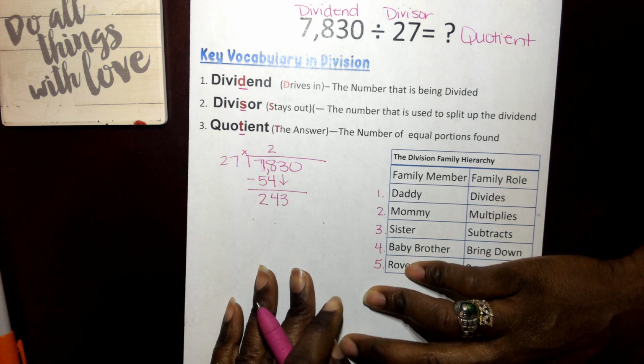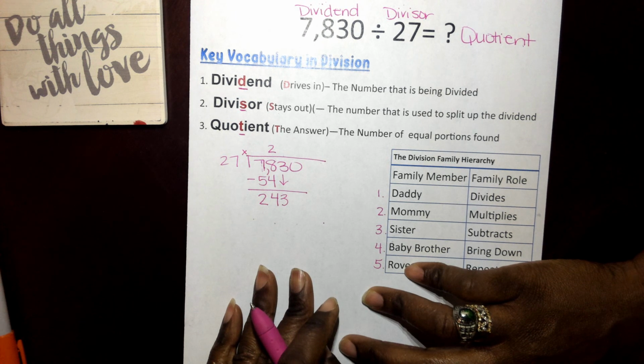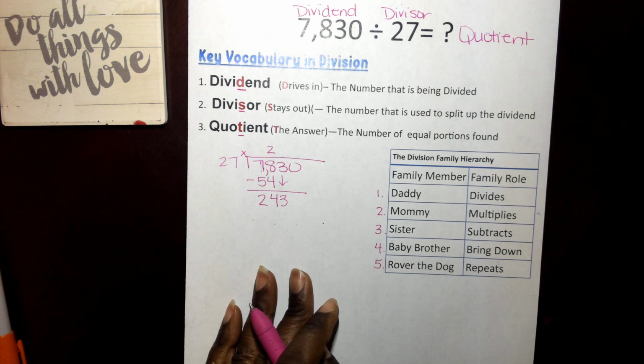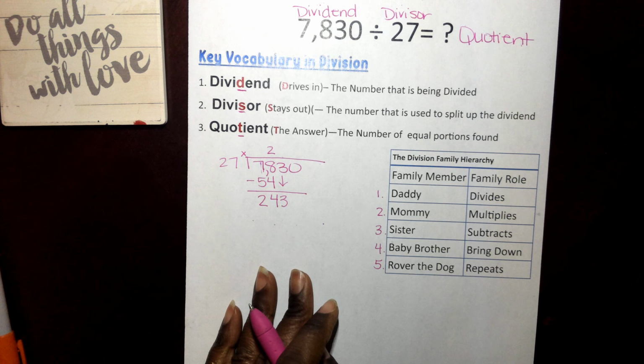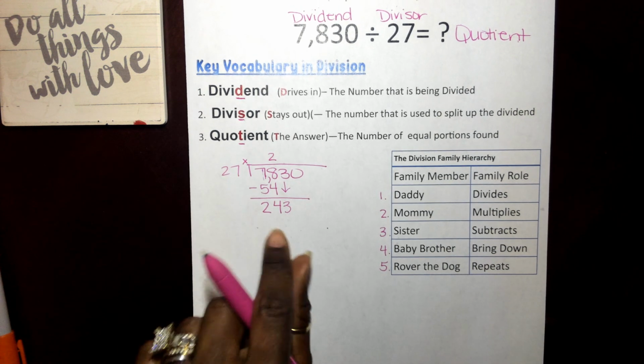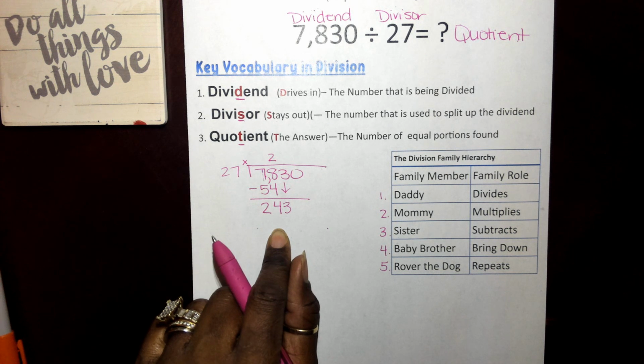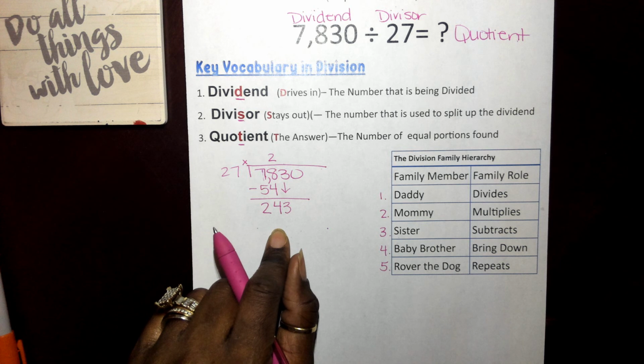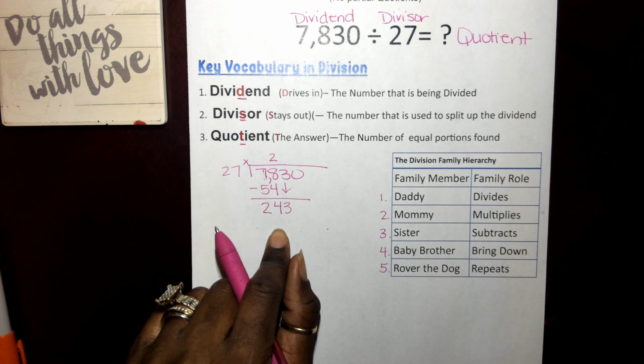So now it's 243. Okay. And so now we're trying to figure out, how many groups of 27 are inside of 243? Well, I think it might be maybe about 7. So let me do a calculation and figure that out.